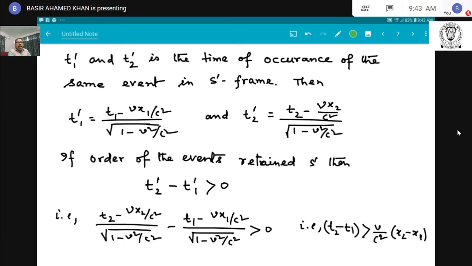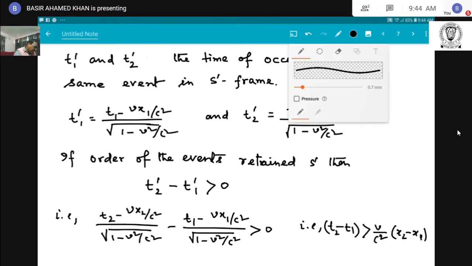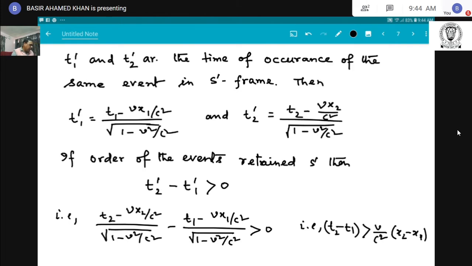Let t1 prime and t2 prime be the times of occurrence of the same events in the S dash frame.